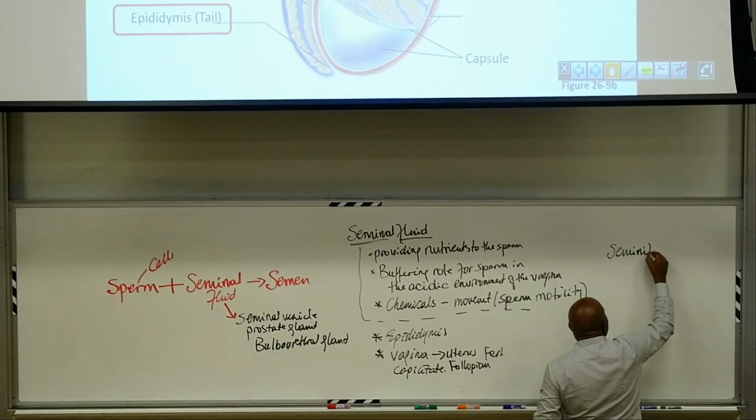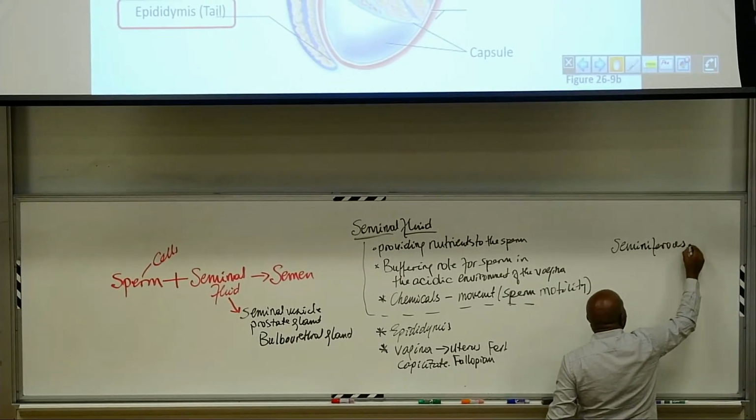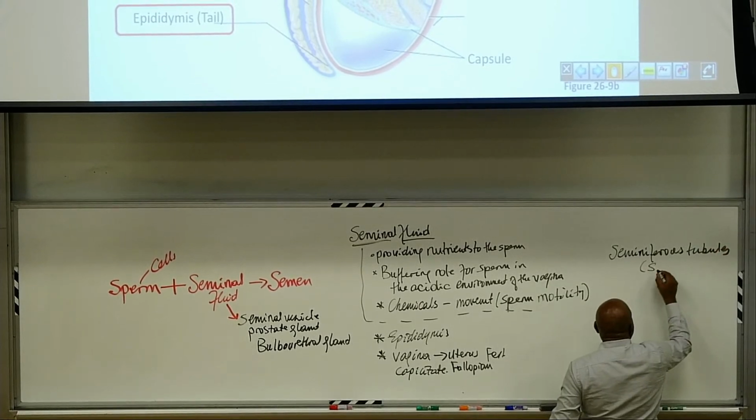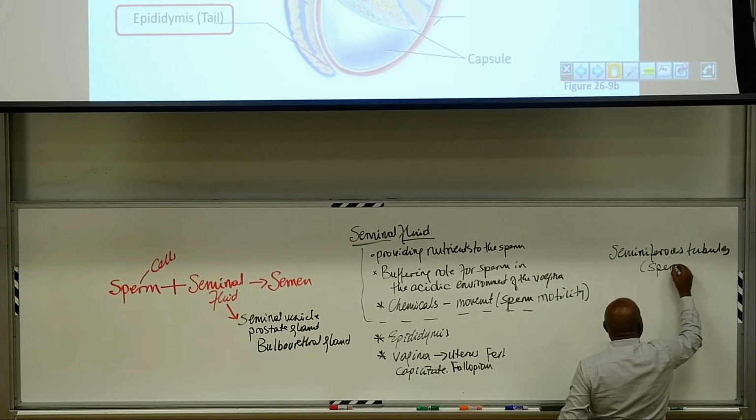So seminiferous tubules are the sites of sperm production.